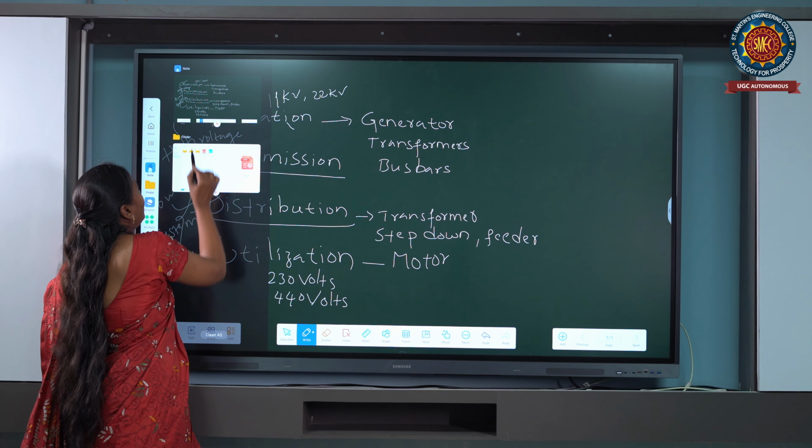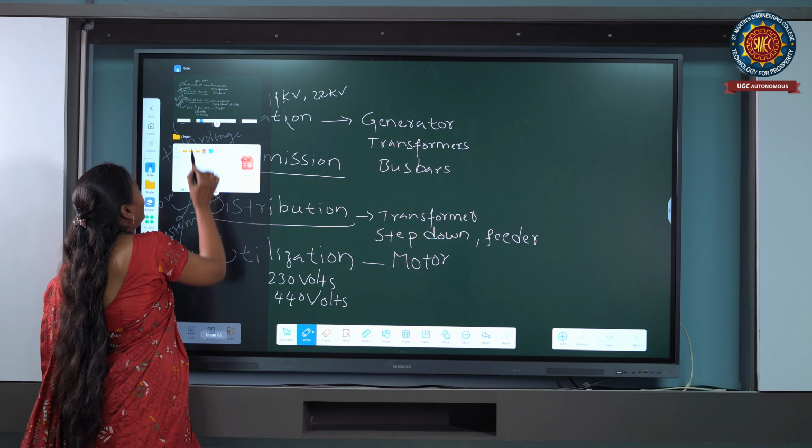The cost of a transformer is high, and a generator is also high. We have to protect them. If we do not take care of the generators, transformers, or whichever equipment we use in a power system, what will happen? After some years, it will get damaged if any fault occurs.